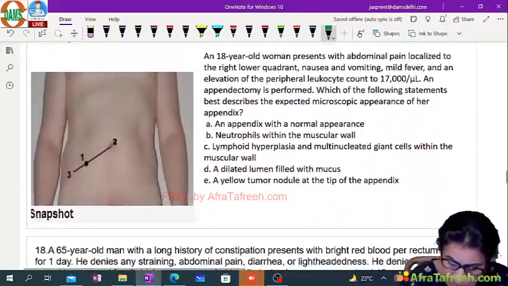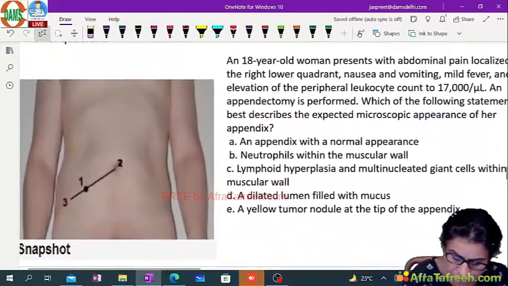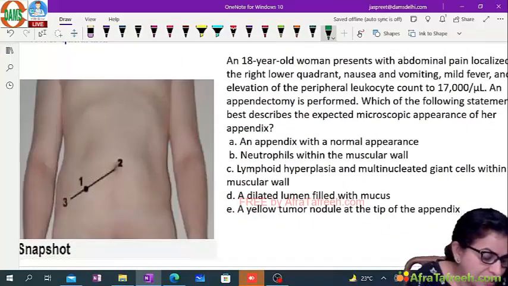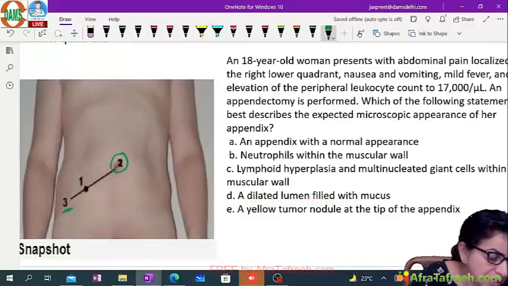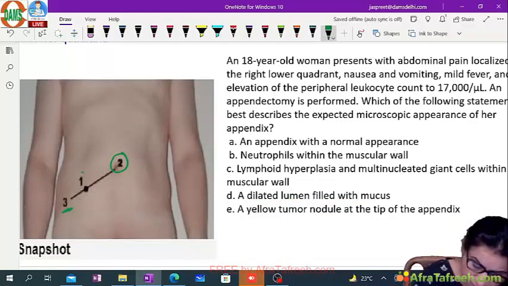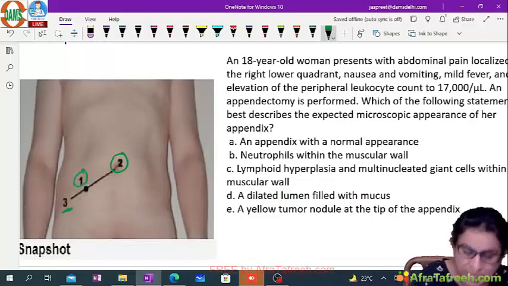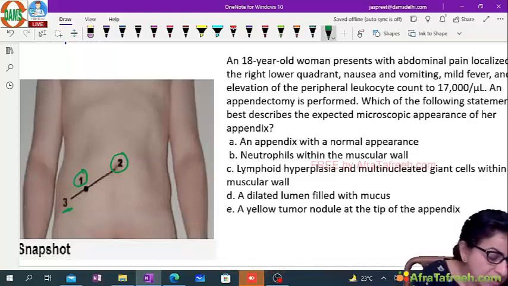This is the McBurney's point here, which is drawn. Now what is McBurney's point? This is the umbilicus, and what is this number 3? This is the anterior superior iliac spine. The number 1 is McBurney's point. That is 1/3 the distance from the right anterior superior iliac spine to the umbilicus.